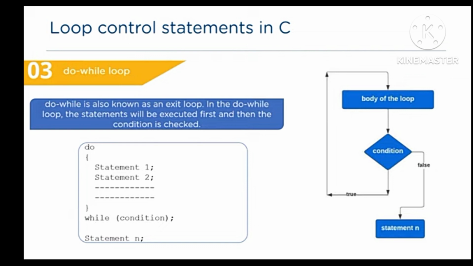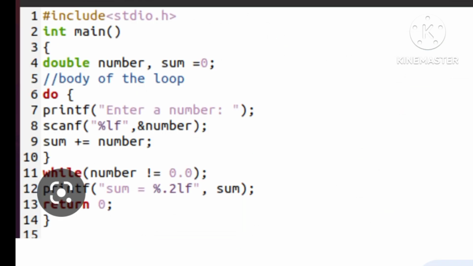This is the syntax for the do while loop: do, statement 1 and 2, body of the program, close curly bracket, while condition, statement n. And this is the flowchart of the do while loop: body of the loop, condition, statement n if false. Next, this is the program for the do while.